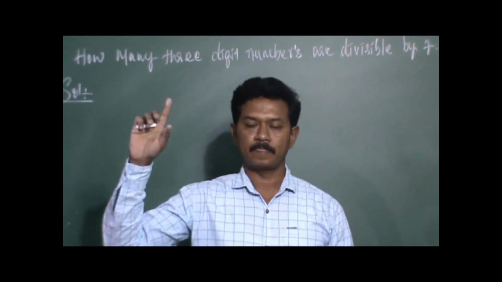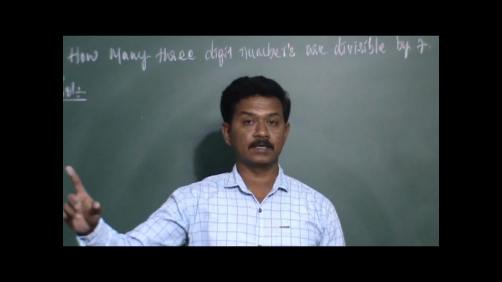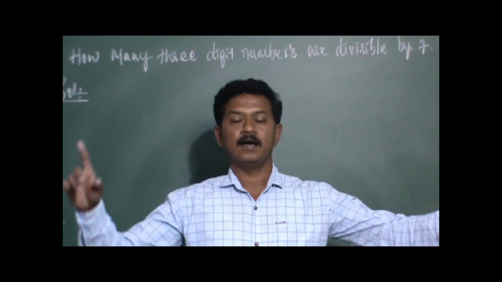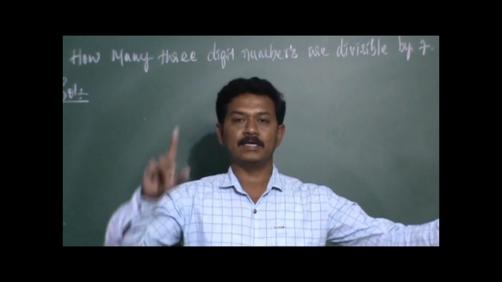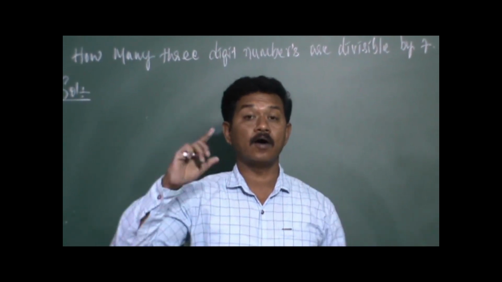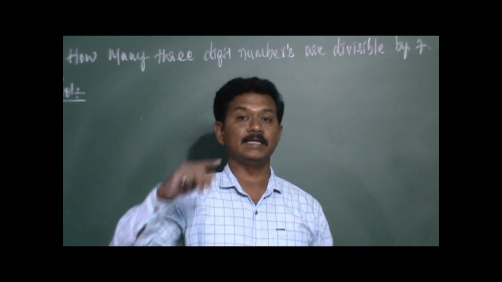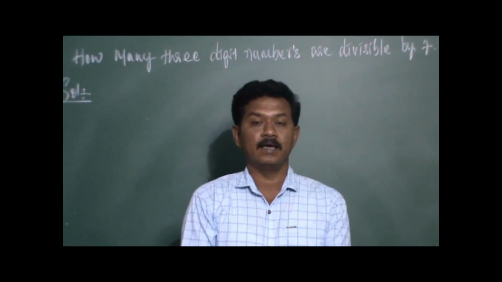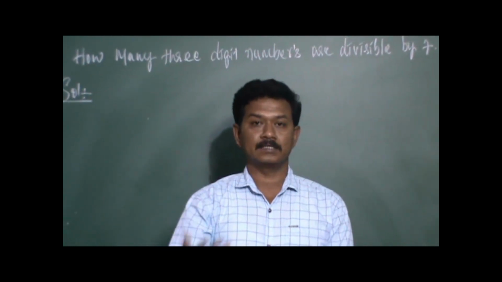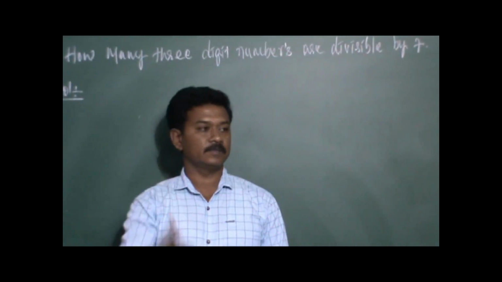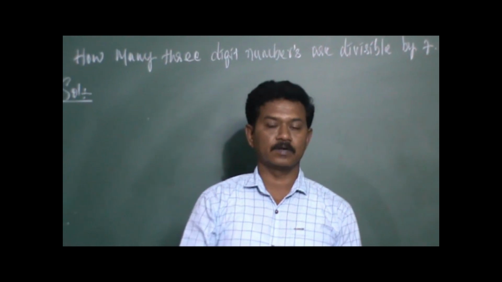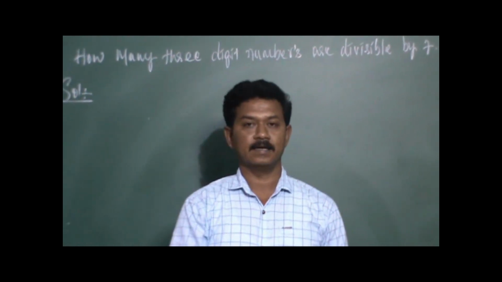So starting from 100 until 999, how many numbers when divided by 7 give remainder 0? How many terms or how many numbers? He is asking you the value of n. So n indicates the number of terms, the number of numbers.